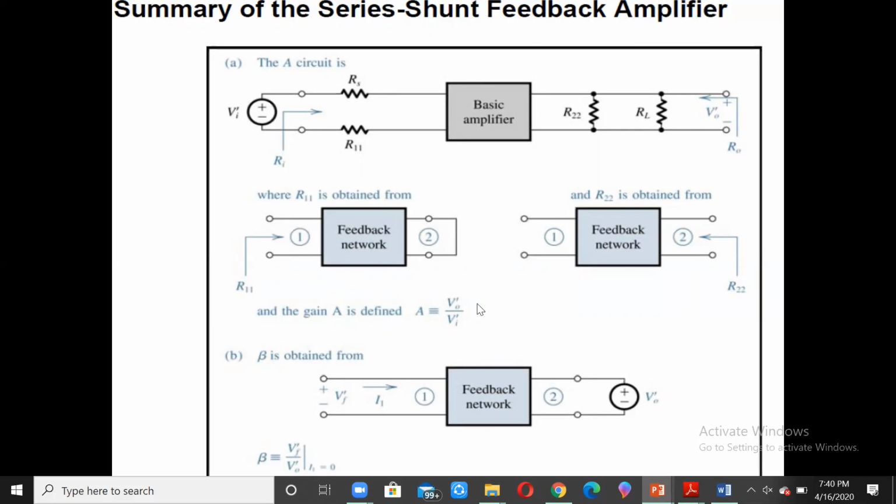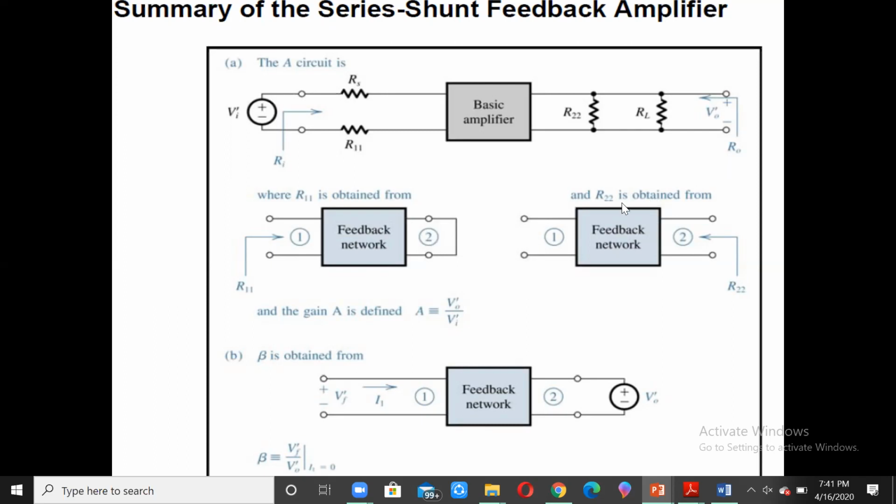So R11 is nothing but V1 by I1 when the shorting is there at the output, that means current is there, but the voltage V2 is equal to 0.